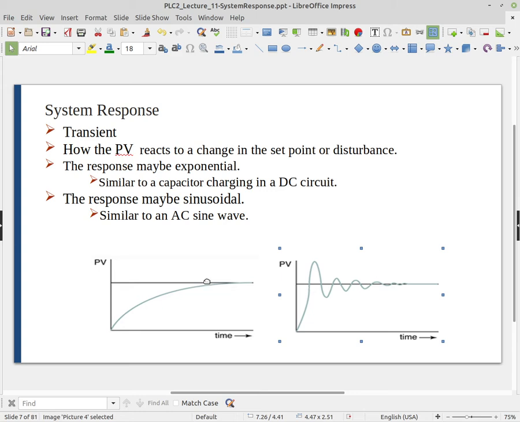So the example on the left is what we call an overdamped system. It's a very slow response, and the example on the right is what we call underdamped. And so we get a fast response, but we have a lot of oscillations and overshoot.